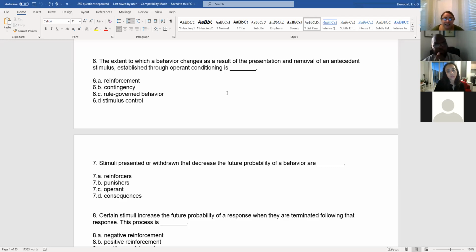I was thinking contingency as well, only because if it was reinforcement, it would say that there is an increase in behavior, but it's not saying that. It says something is presented or removed. Let's look at the question. It's more of a stimulus control. That's what I was thinking. The extent to which a behavior changes means you being able to control changing. If you add it, the behavior changes. If you take it away, the behavior changes. So that's stimulus control, being able to turn on and turn off that behavior.